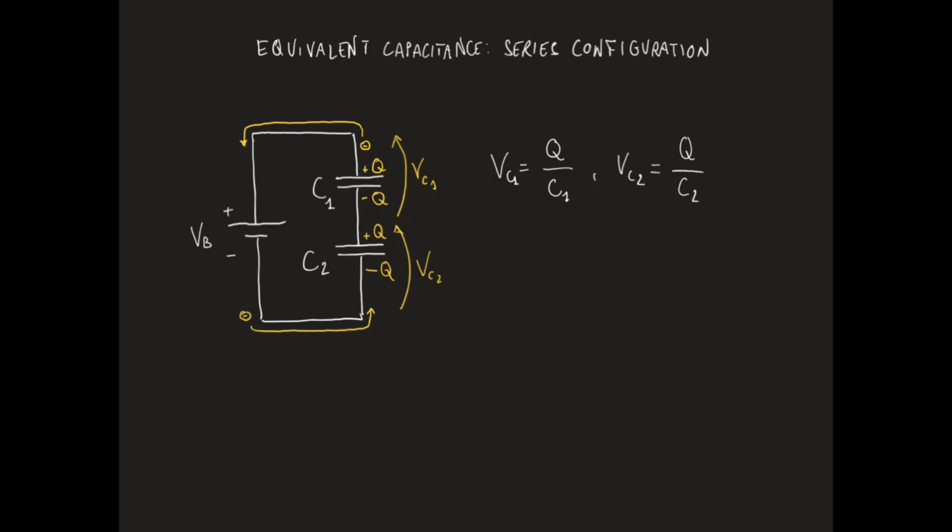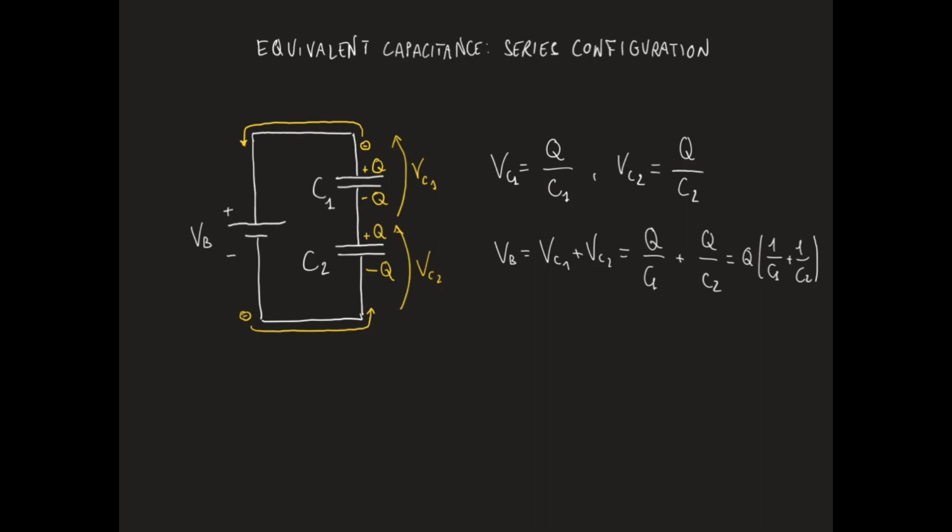Now we can write Kirchhoff's law for the loop as VB equal to VC1 plus VC2, where we can replace VC1 and VC2 with their expression as a function of Q and get Q over C1 plus Q over C2, or Q times 1 over C1 plus 1 over C2.